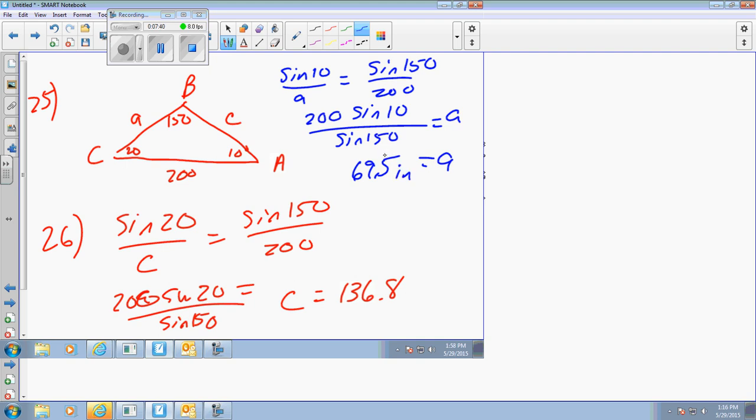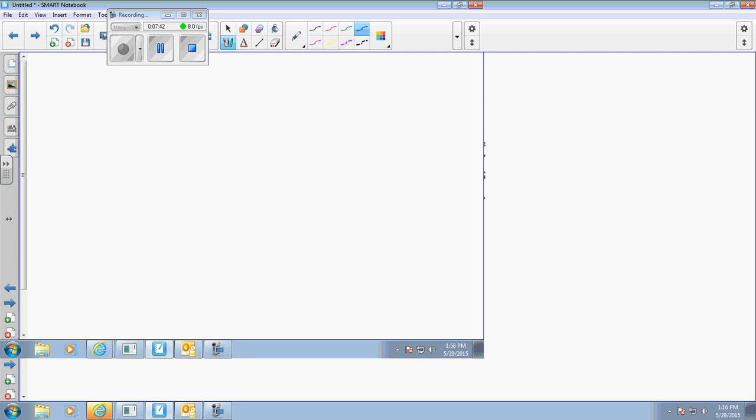Let's take a look at number 28. It says we have a triangle with side length A is 19 inches, side length B is 8 inches, and angle C, which is this one up here, is 78 degrees. And we want to find the area of the triangle.